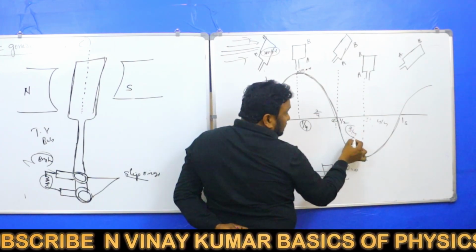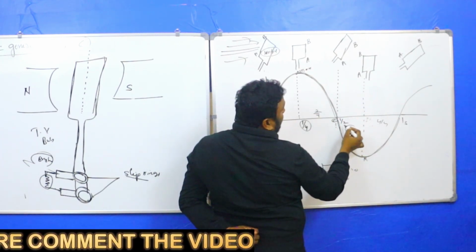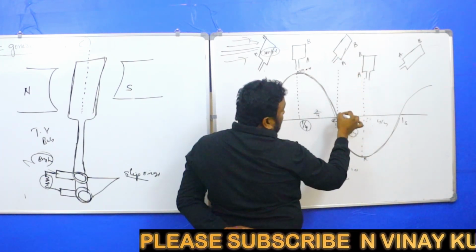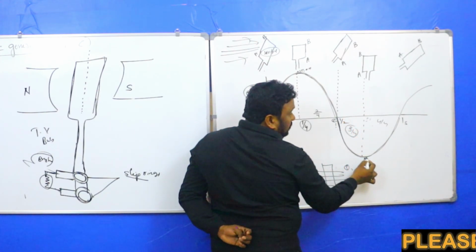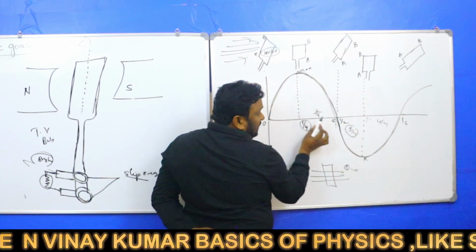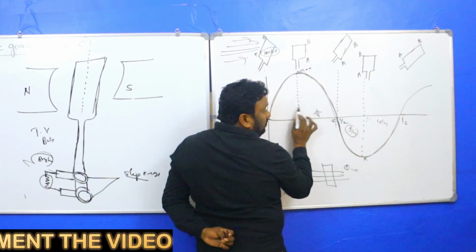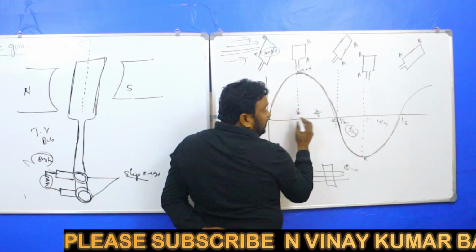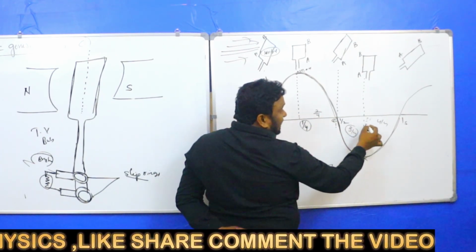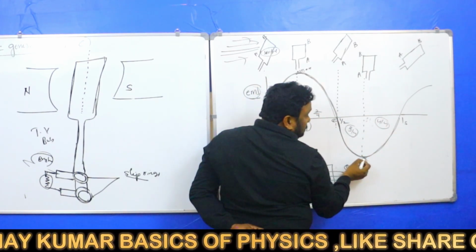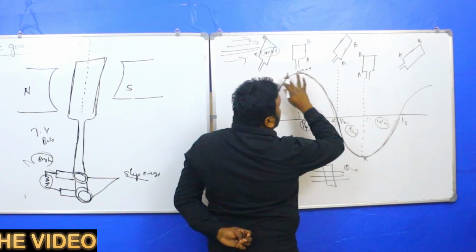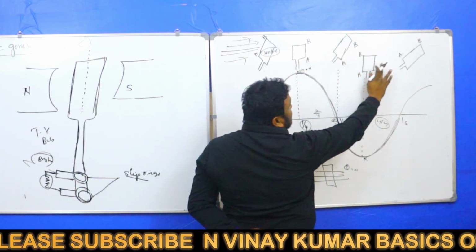So for the third quarter, it is minimum and again minimum to maximum. Minimum to maximum in the first quarter, and in the third quarter almost the same, but in different directions. And for the fourth quarter also the same thing, it is maximum to minimum. So you can observe the directions like this.